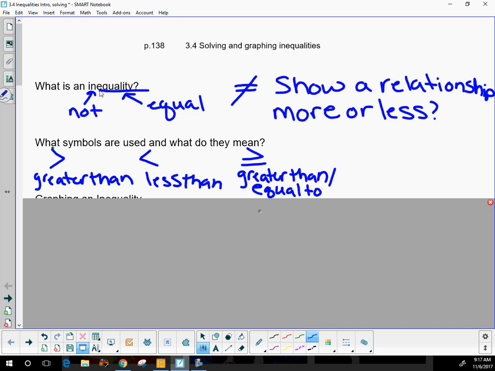And of course, you have less than and equal to as well. I guess it's and or equal. In this situation, it could be both. It could be one or the other.